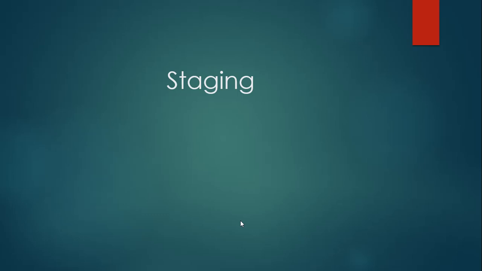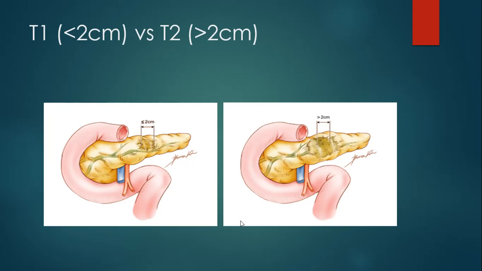This is the general rule of all malignancies. So staging of the disease is very important, whether it's a breast cancer or a pancreatic cancer. Like most of the other tumors in the body, the pancreatic and the peripancreatic cancers are staged on the basis of the T and M classification.